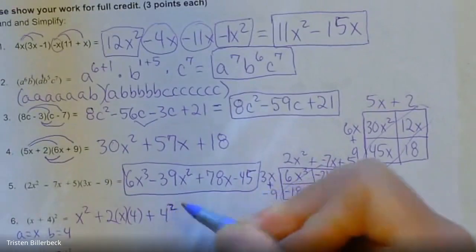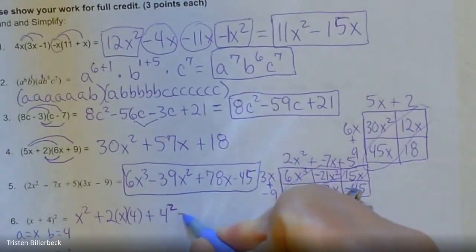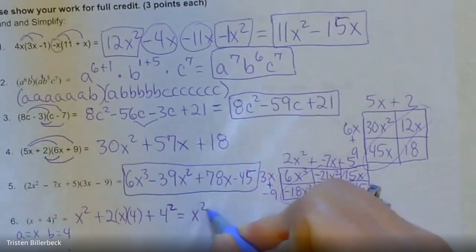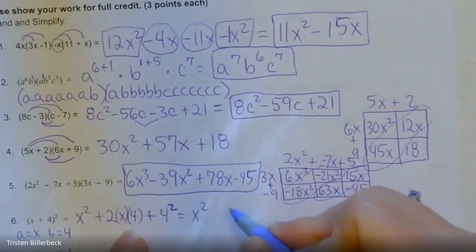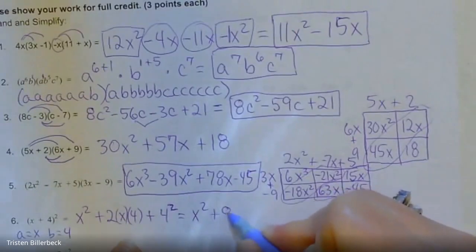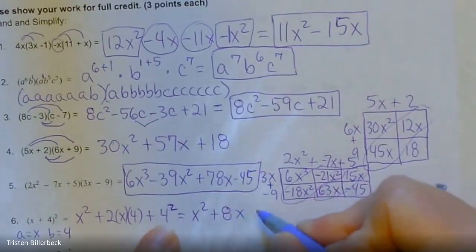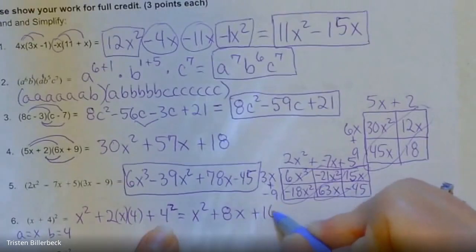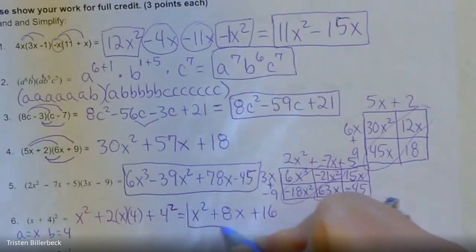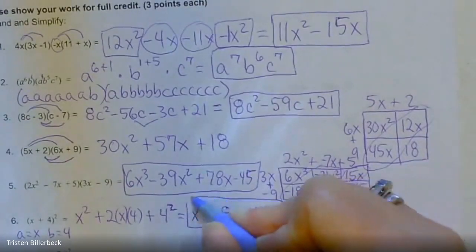So we're using a formula for this one. So this is going to be x squared. 2 times 4 is 8x, and 4 squared is 16. So that would be our perfect square trinomial.